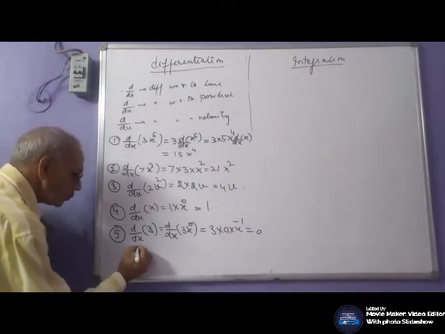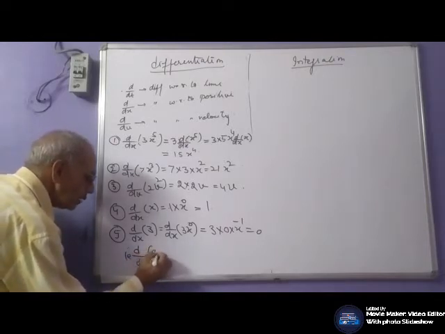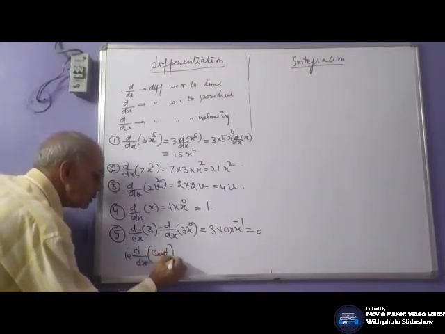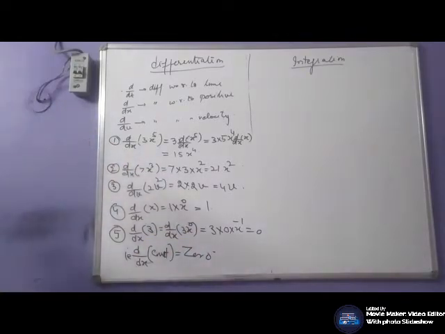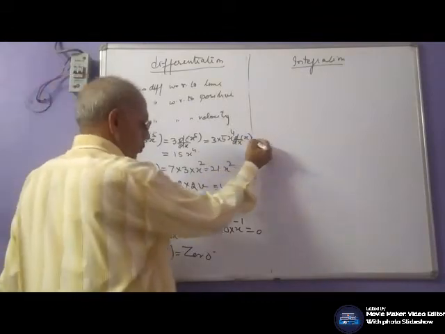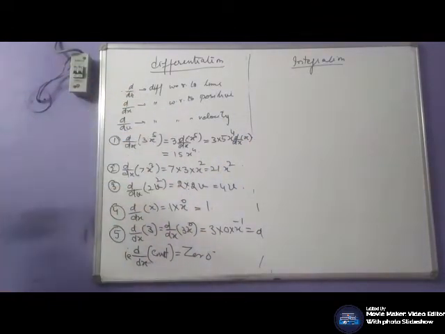That is, d/dx of any constant is 0. Differentiation of any constant is 0. So this is a rule for differentiation.